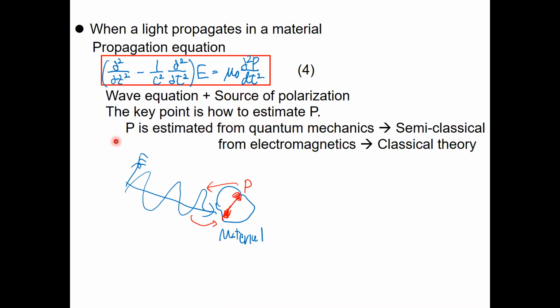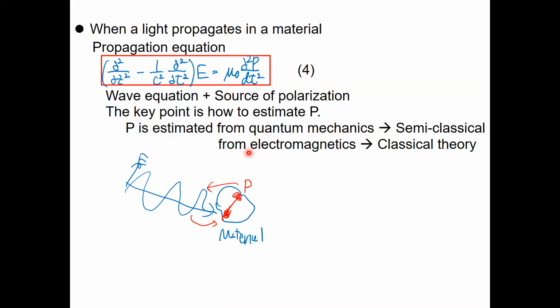There are several methods to estimate the polarization inside the materials, and depending on the theory, I can categorize it like this. P can be estimated from quantum mechanics, which is a semi-classical way of the analysis.